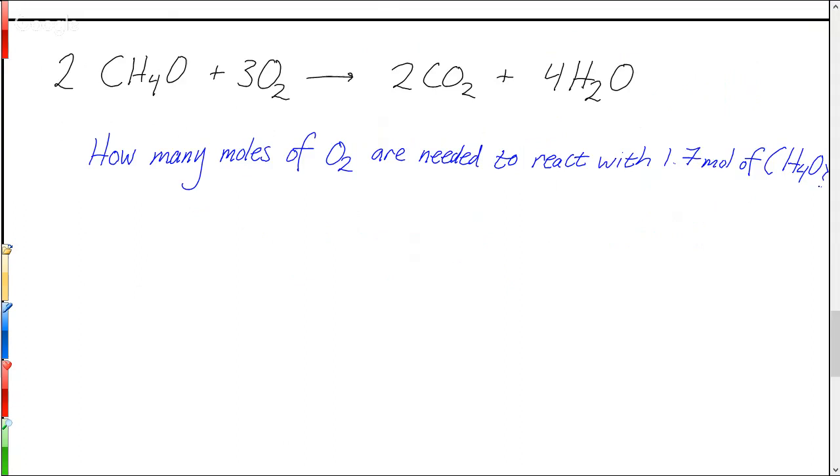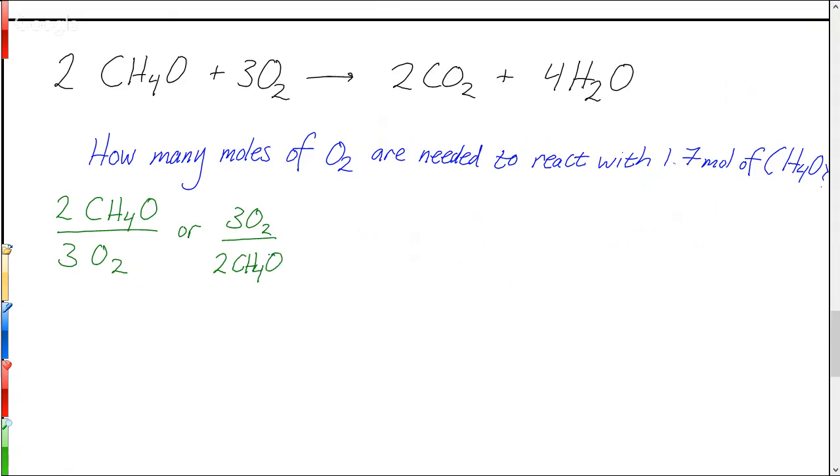But we can use the ratio from the equation to figure that out, because what the equation tells us is kind of like conversion factors again. It tells us that there are 2 CH4Os for each 3 O2s, or upside down, 3 O2s per 2 CH4O.